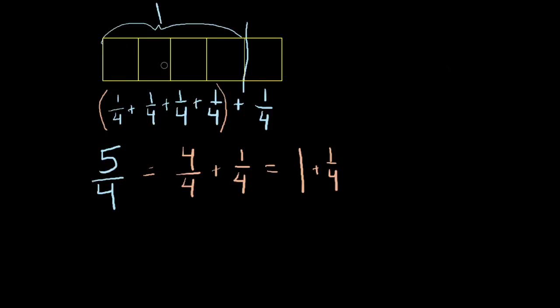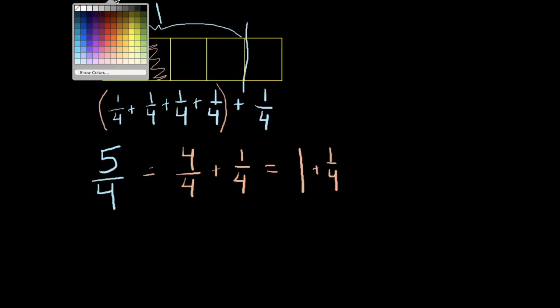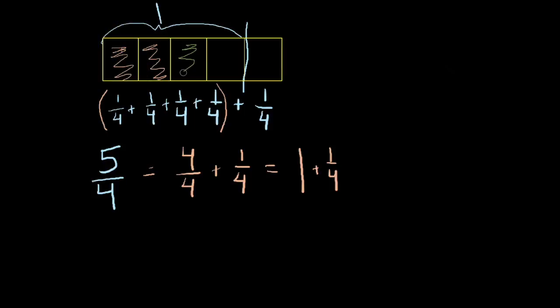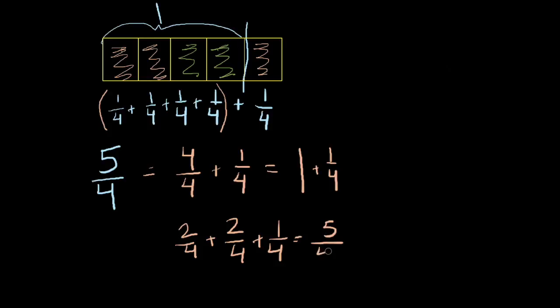I can decompose it by shading in those 2, then I can pick 2 more, and finally a third one, that I would represent as 2/4 plus 2/4 plus 1/4. Again, that would all add up to 5/4. So I want you to think about a different way that you can decompose the fraction 5/4. What other number bond combinations can you come up with?